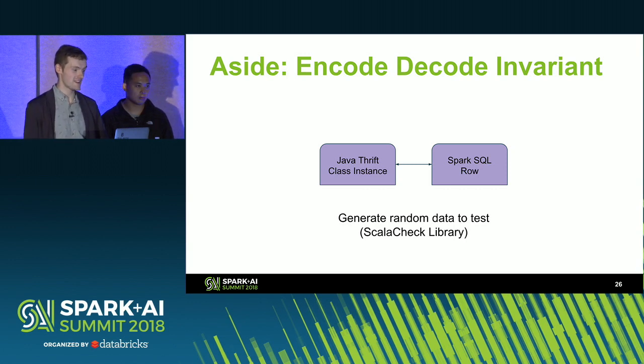But then you can set up this encode, decode invariant. So you can generate random data from, well, I was using the ScalaCheck library. You can generate random data and just pipe it back and forth and make sure that the one transforms back to the other. So this is a nice, easy way to write a test and be pretty confident that your code's working.